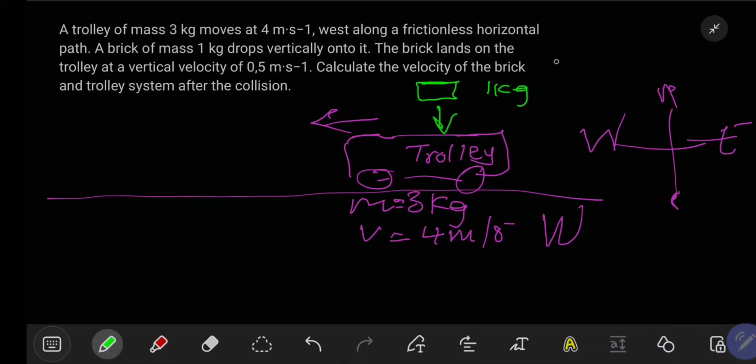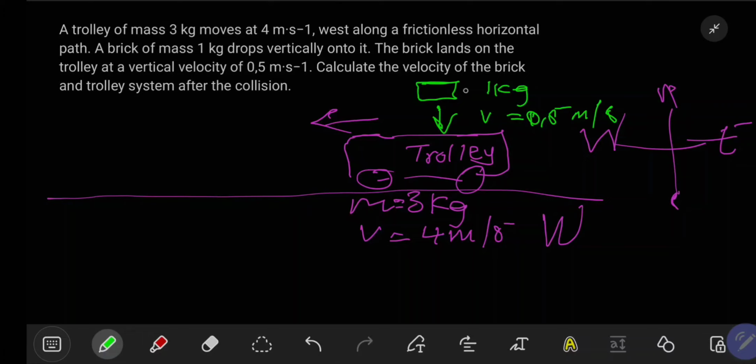Then they say the brick lands on the trolley at a vertical velocity. So the velocity of this brick when it was going down was 0.5 meters per second. Now they want you to calculate the velocity of the brick and the trolley system after collision.